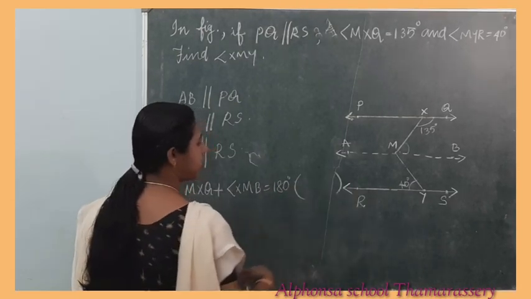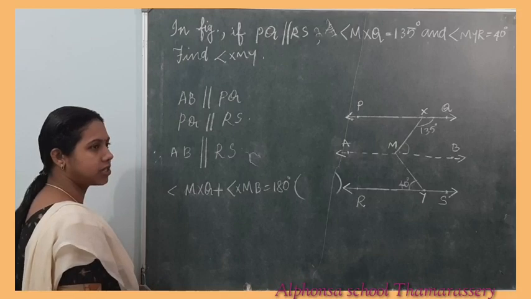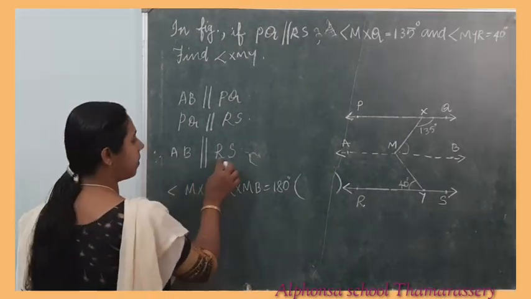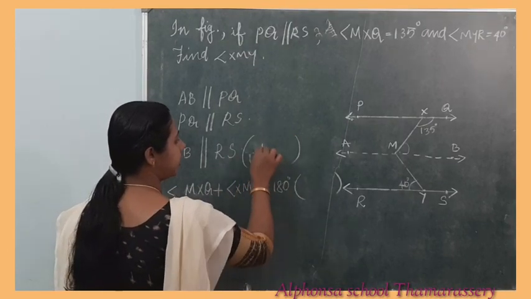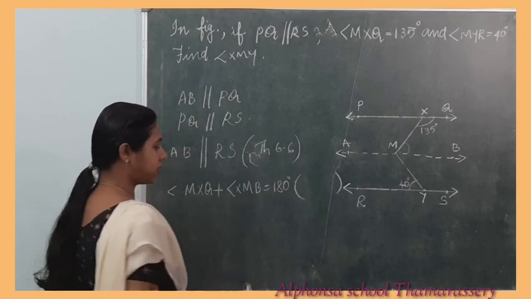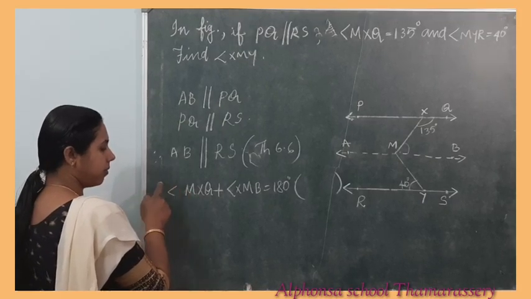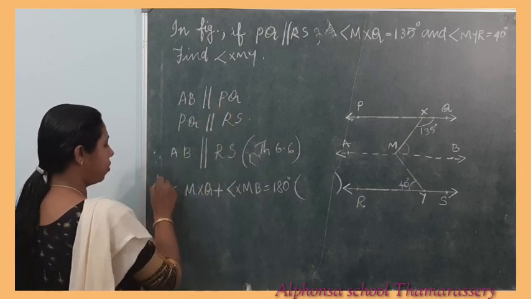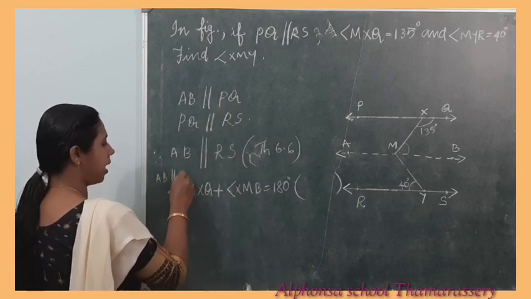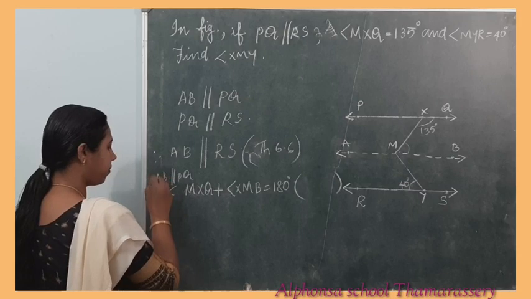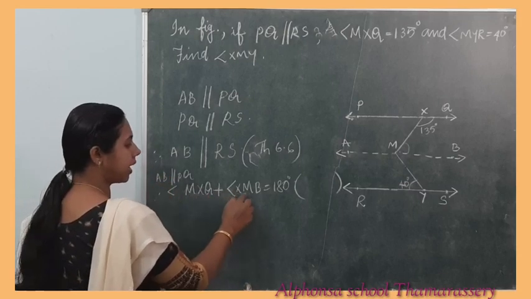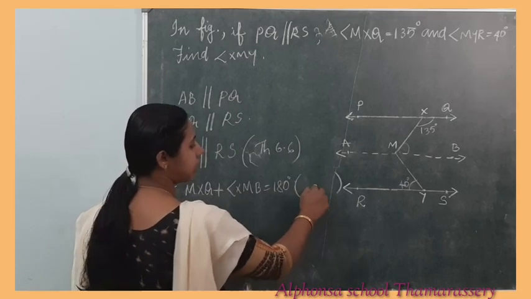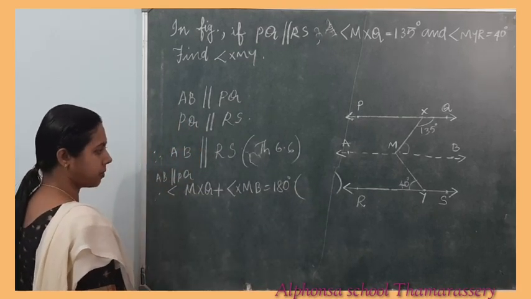The reason: interior angles on the same side of the transversal. And here AB is parallel to RS, the reason theorem 6.6. So we can write AB parallel to PQ. Therefore, angle MXQ plus angle XMP is equal to 180 degrees. The reason is interior angles on the same side of the transversal.